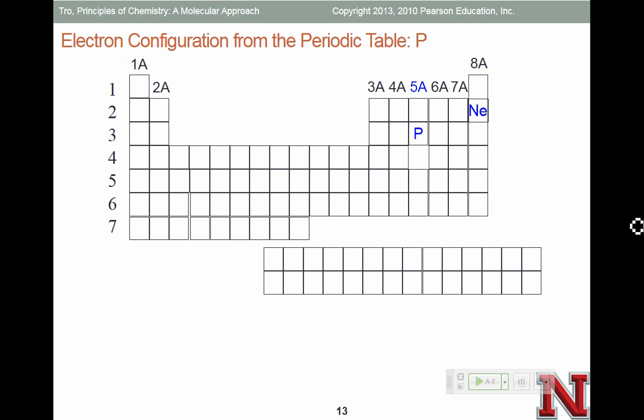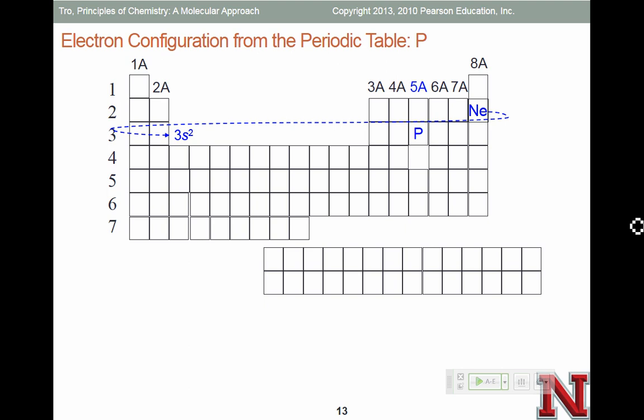So if we look at something like neon, and we're using the periodic table, we can use the way I showed you earlier, or we can use the periodic table to represent our electron configuration. If we're trying to figure out phosphorus, neon's our first noble gas before it, so we can put neon in our parentheses, in brackets.